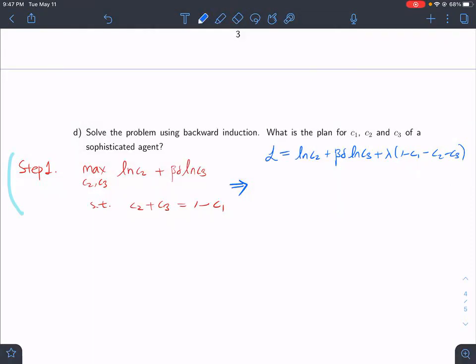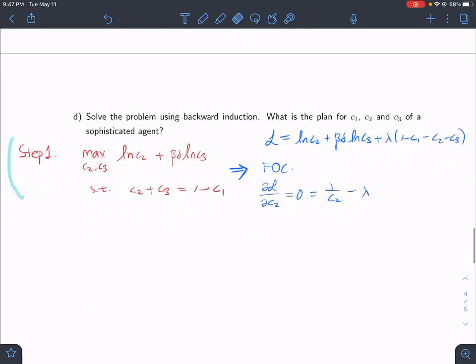And then the FOC is to differentiate the Lagrangian with respect to C2 and set it to 0. This is 1 over C2 minus lambda equals 0. And then, because we did similar things many times, let me move faster. If I differentiate with respect to C3, we have 0, and this becomes beta delta over C3 minus lambda.